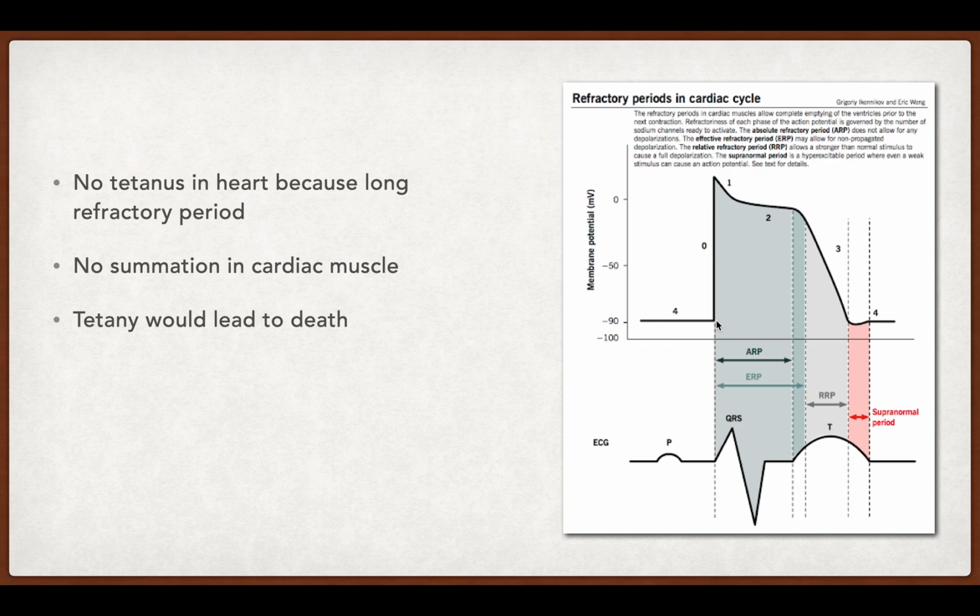So once the heart has reached like minus 90, 95 millivolts due to the repolarization of the cell, it will instantly depolarize, reach a certain threshold, start to repolarize, and then reach another threshold.